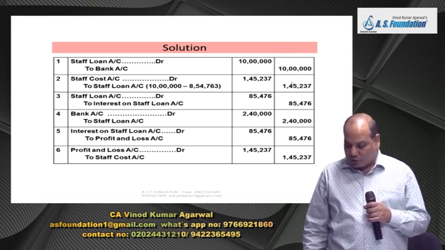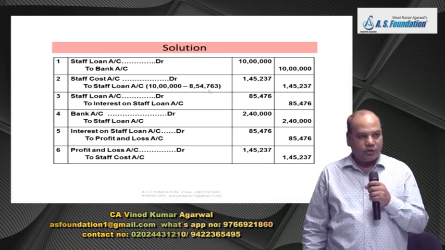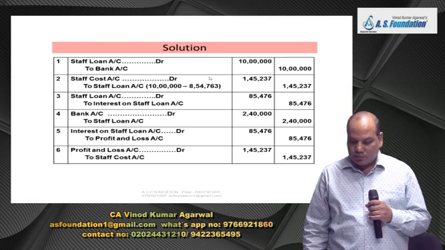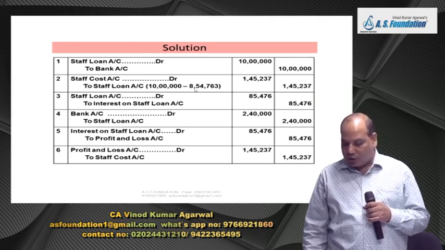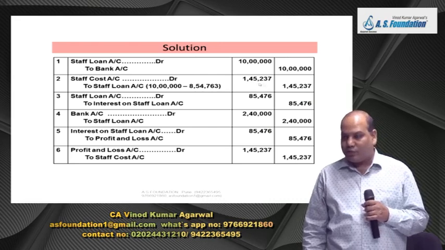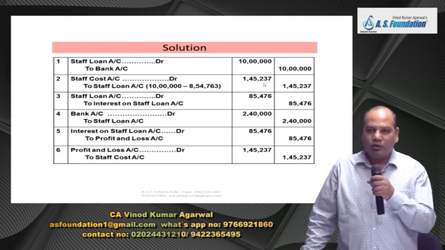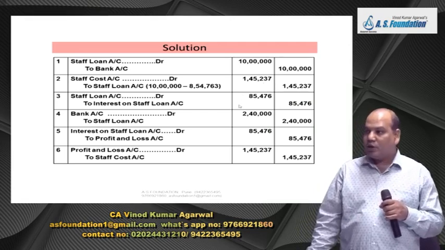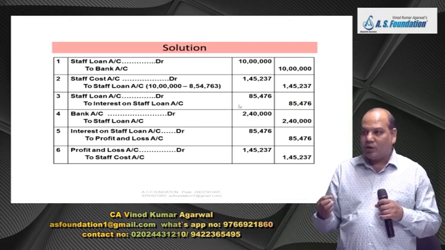So the effect of this entry is that your staff loan will now appear at 854,763. Suppose you want to pass only one entry, you can do that, no problem. Staff loan account debit 854,763, staff cost account debit 145,237, and to bank account 10 lakh. Both are welcome. Then you pass the entry for interest income earned.